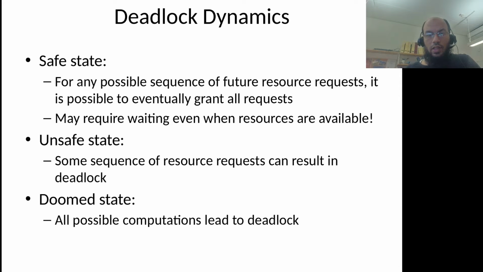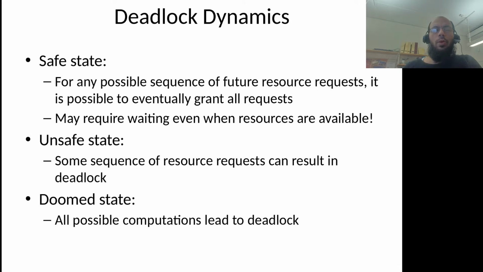So, deadlock dynamics: you have 3 states on which any lock can be. The first one is the safe state. It's actually for the whole system. That's when for any possible sequence of future resource requests, you will get all resources granted. So if you try to acquire any locks, you will always have them.